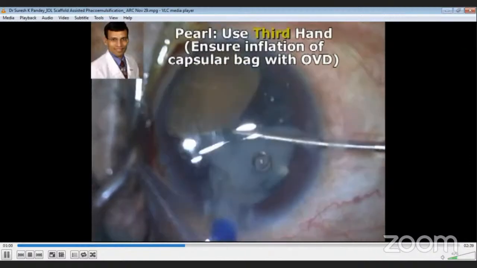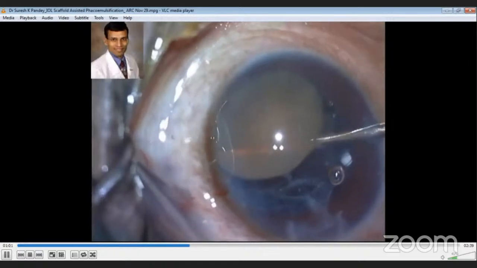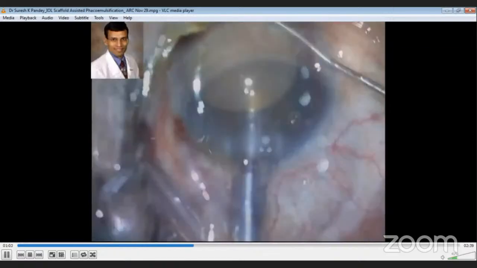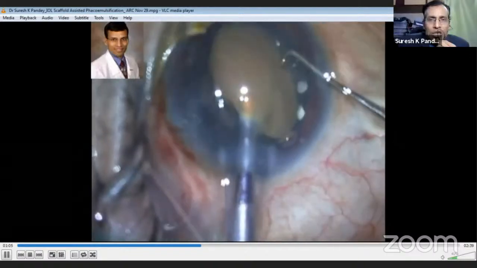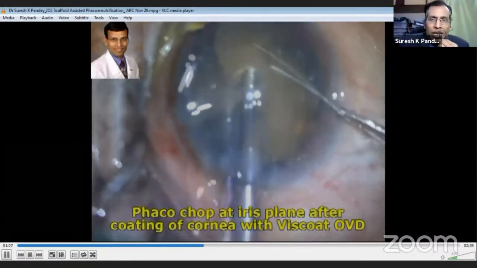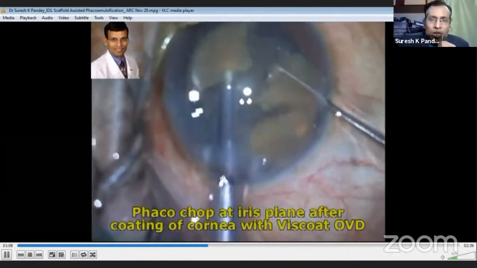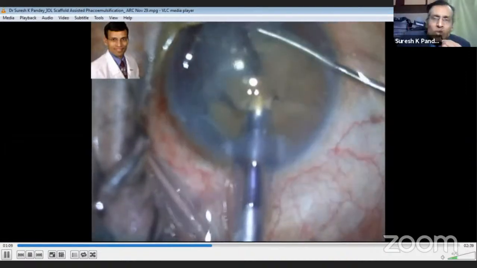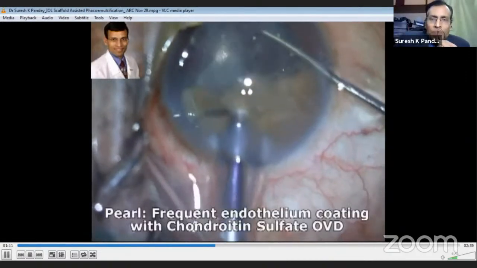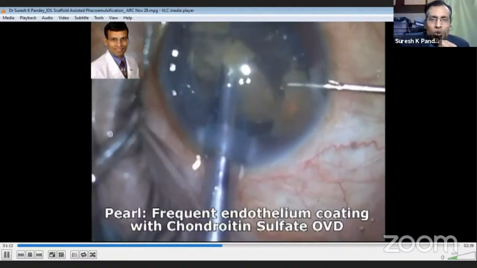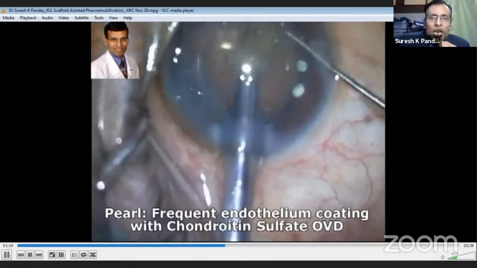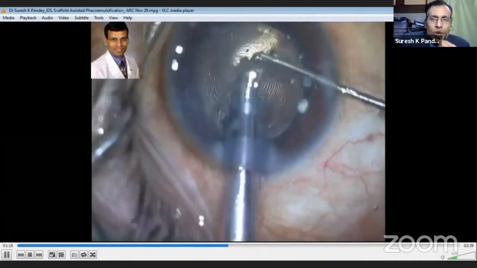And once the lens is implanted in the capsular bag, then we just manage the phacoemulsification of the hard cataract in the iris plane or somewhat in the anterior chamber plane. And it's very important to coat the endothelium by using a viscoelastic such as chondroitin sulfate OVD to minimize the endothelial cell loss.